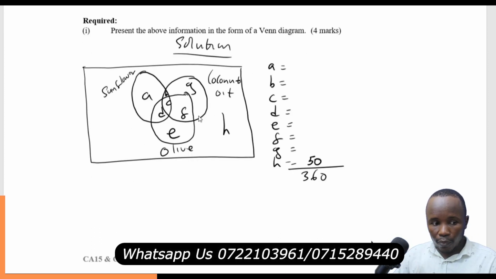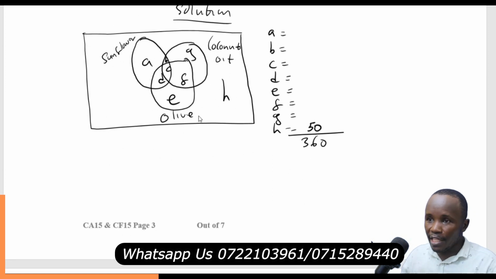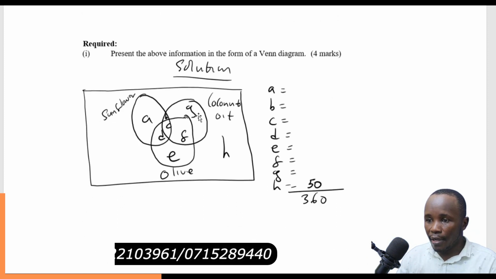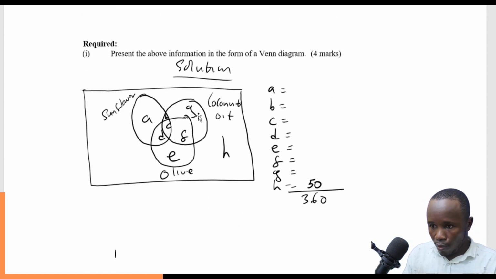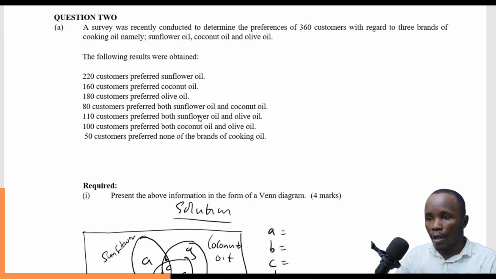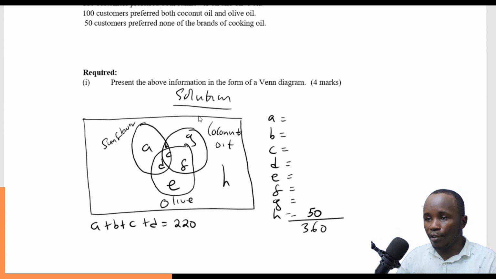Now, let's go to the question. 220 customers preferred sunflower. So sunflower, we shall have A plus B plus C plus D. This gives us 220. 160 preferred coconut oil.